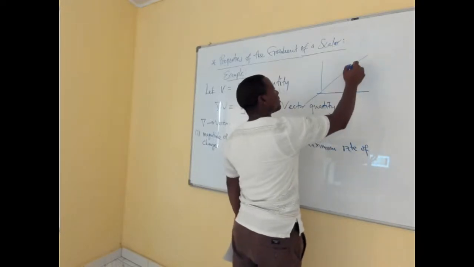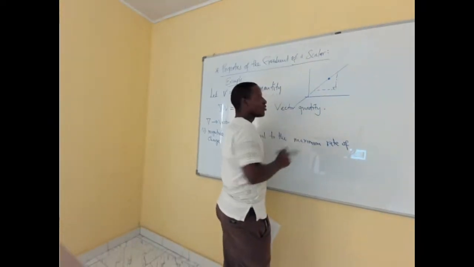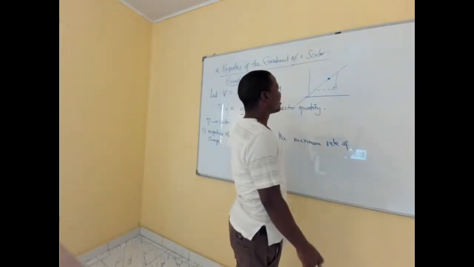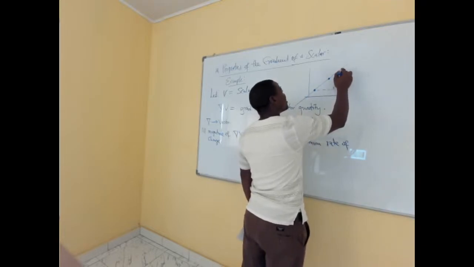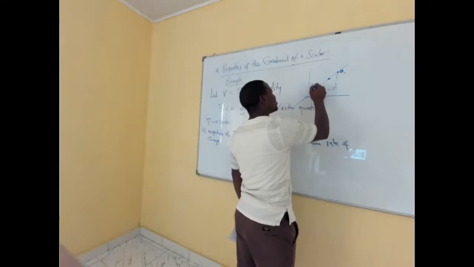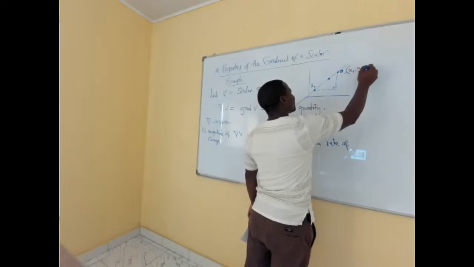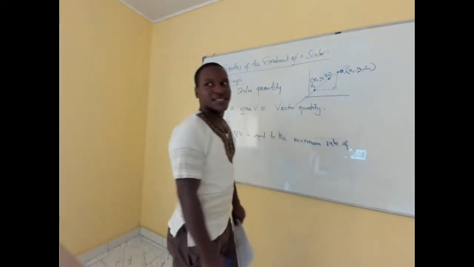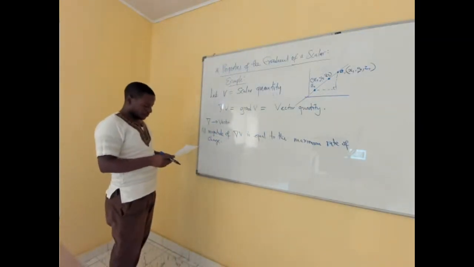From high school you've been doing this: you pick 2 points. You have your A1 there, with X1, Y1, Z1, and your A2 here, with X2, Y2, and Z2. You use these 2 components to get your gradient, and that gives you your maximum rate of change.